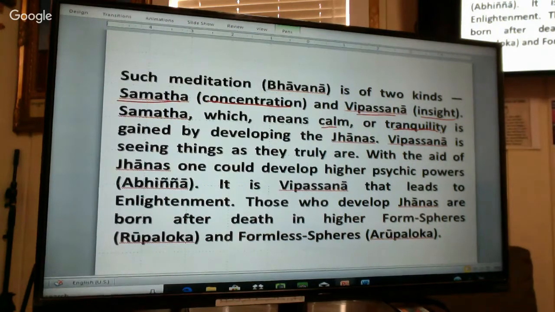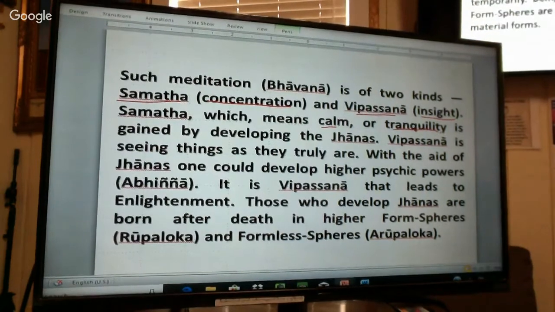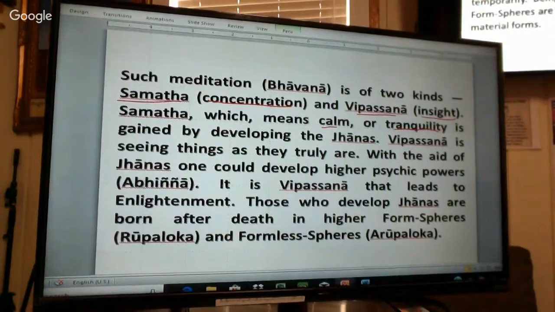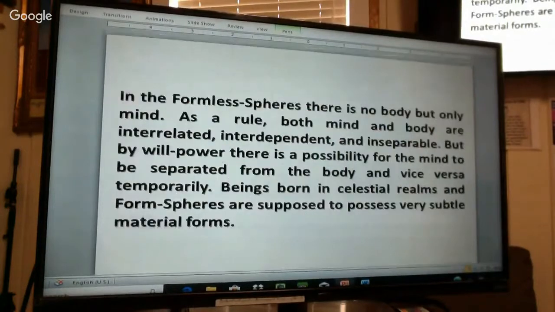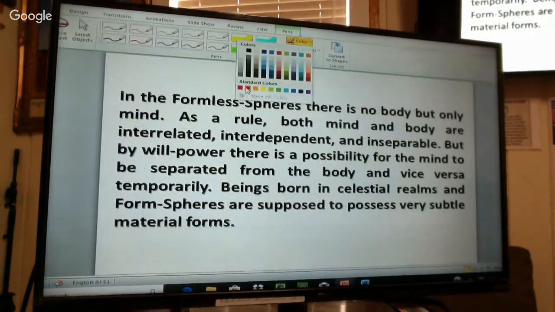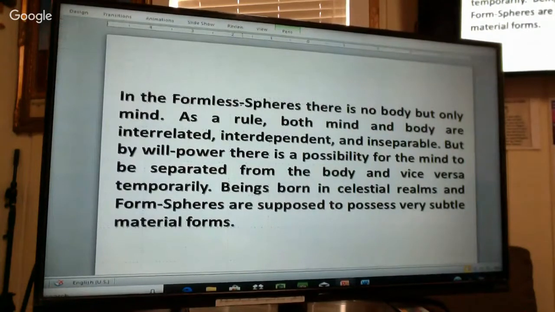Okay, so here I would like to explain a little bit more about Arupaloka jhana, another kind of jhana. Arupaloka is a formless sphere. In the formless sphere, we see no body, only mind.